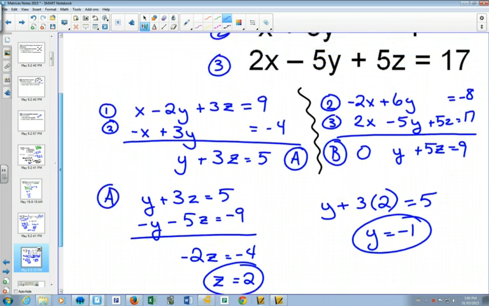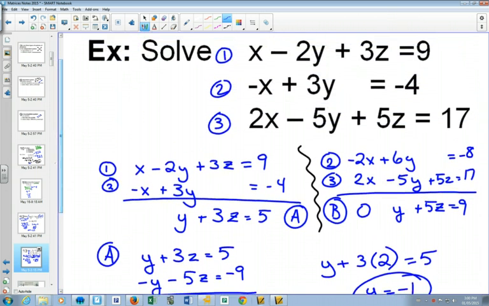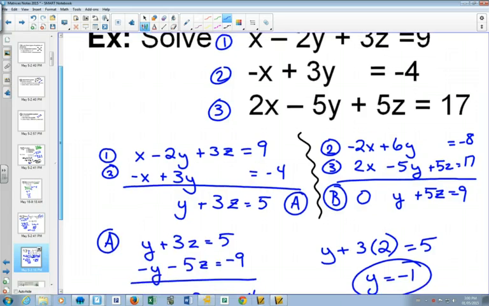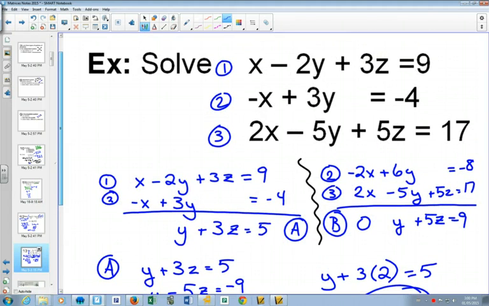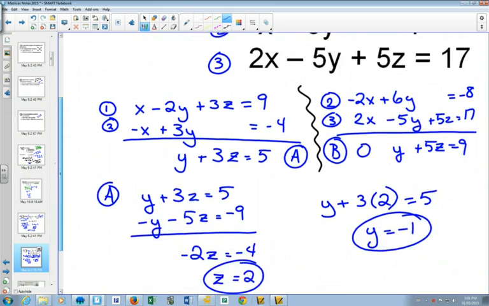Now we can go back to equation 1, 2, or 3, plug in y and z, and it shouldn't matter which one we choose to find the value of x. Which one would you like to choose, 1, 2, or 3? 2?